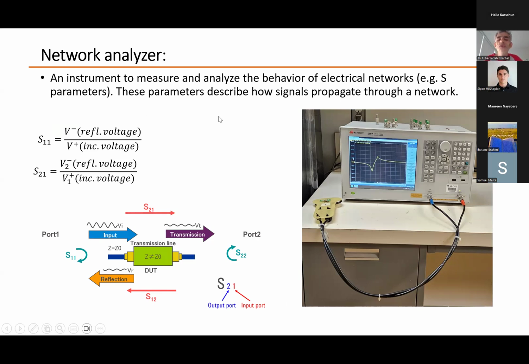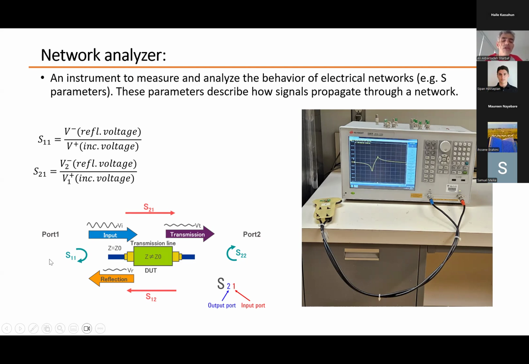It is an instrument to measure and analyze the behavior of electrical networks, and these parameters describe how a signal propagates through a network. For example, here we have a two-port network. S11 shows the reflected voltage from the first port.